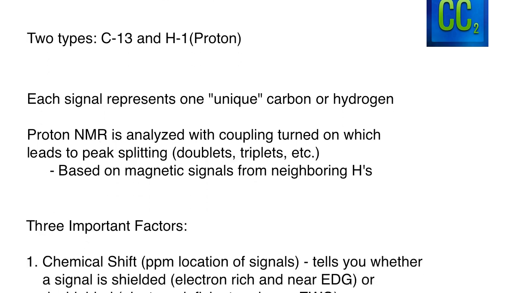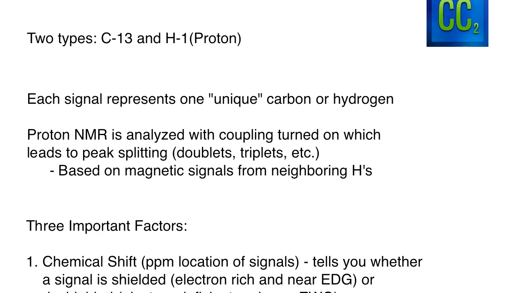So each signal on these specs, when we're looking at the spectrum, is going to represent 1 unique carbon or 1 unique hydrogen. Now, when I say 1, you could have chemically equivalent hydrogens or carbons that are all contained in 1 signal.